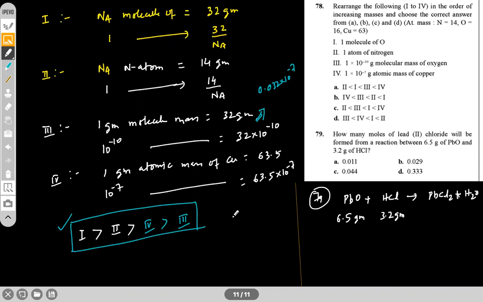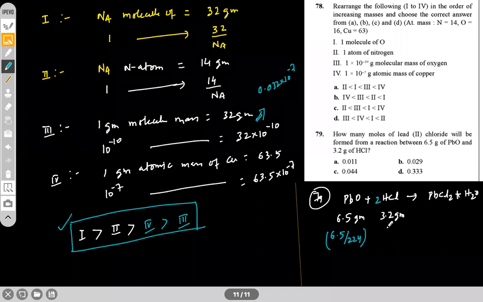So first of all, the balanced reaction is this. And 6.5 gram of lead oxide, the number of moles, if you find out, it is 6.5 divided by 224. 208 is the atomic mass of lead.